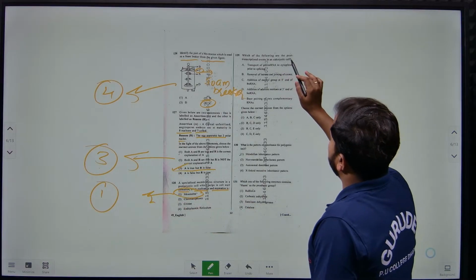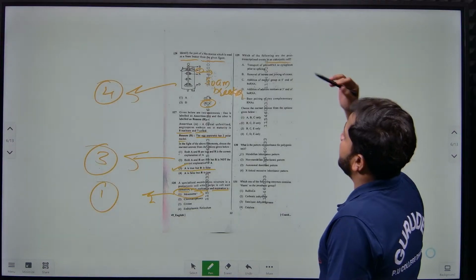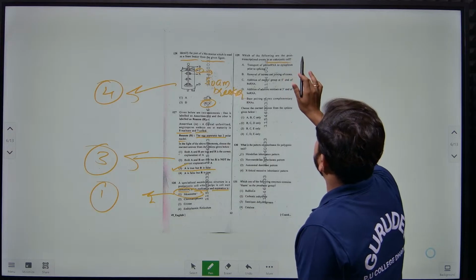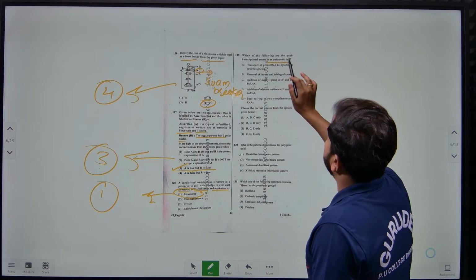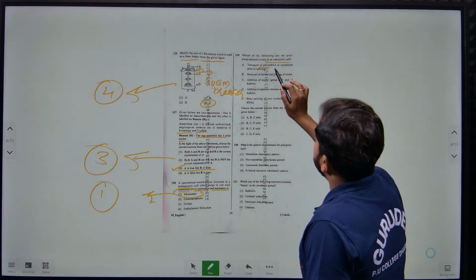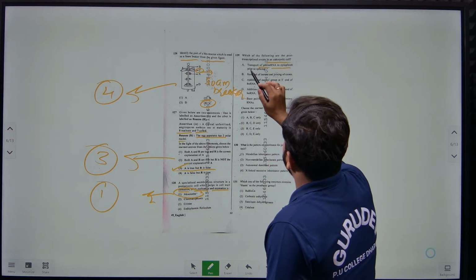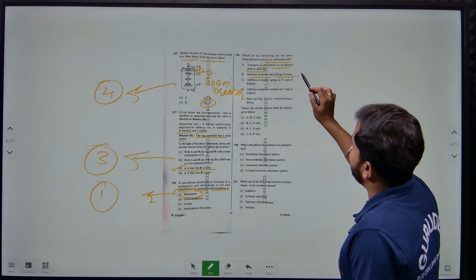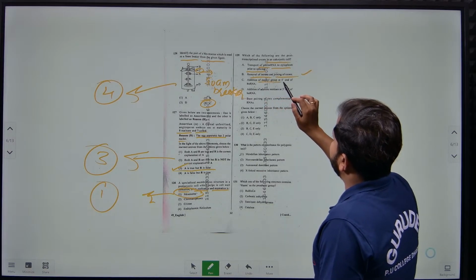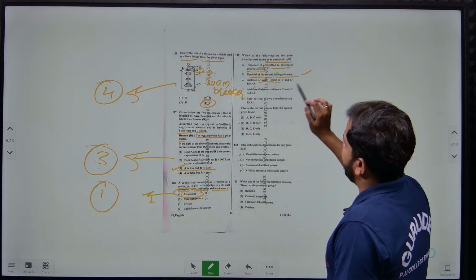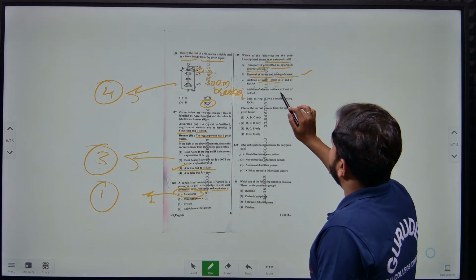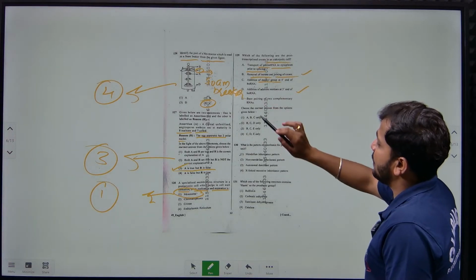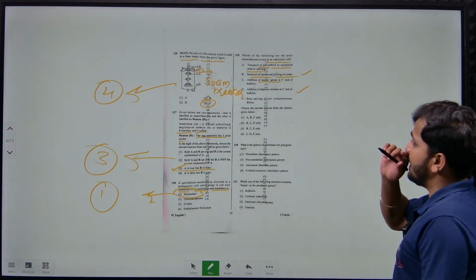Then which of the following are the post transcriptional events in the eukaryotic cell, right? So here the following events: transport of pre-mRNA to cytoplasm prior to splicing, then removal of introns and joining of exons, that is going to take place, addition of a methyl group at the 5' end of hnRNA, then addition of adenine residues at the 3' end, so that is even going to happen, the base pairing of two complementary RNAs.